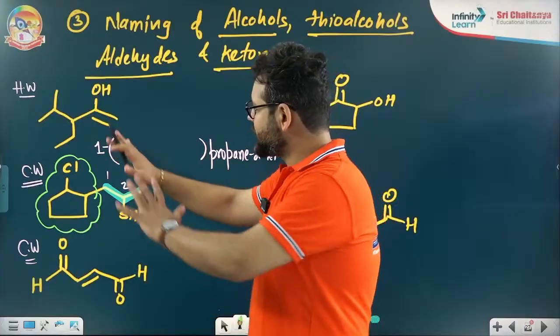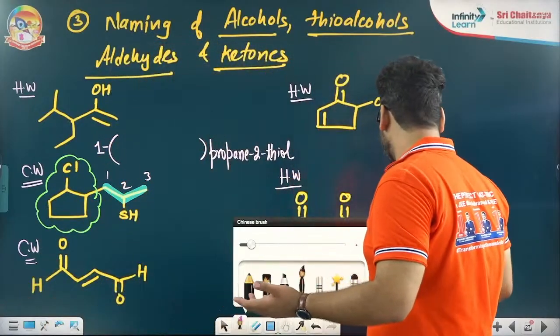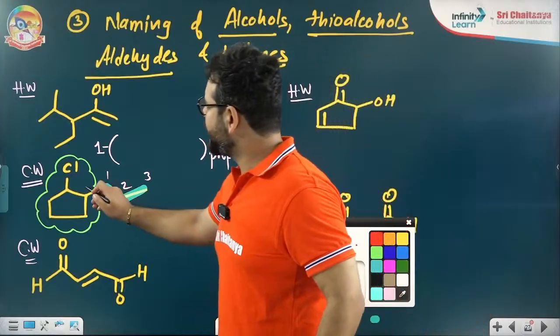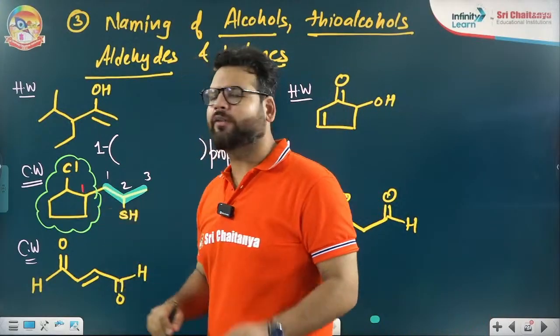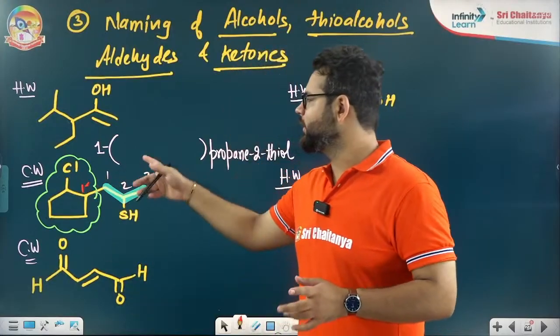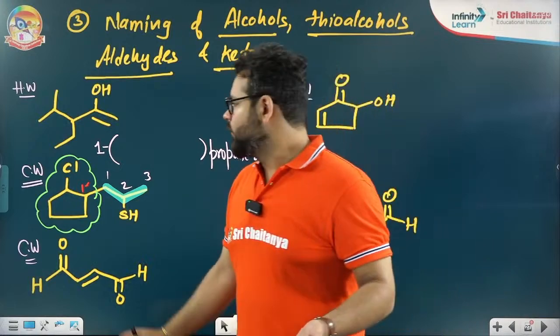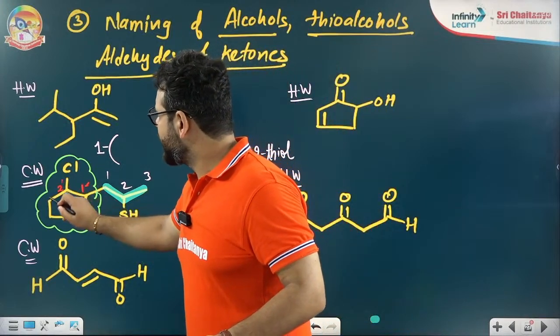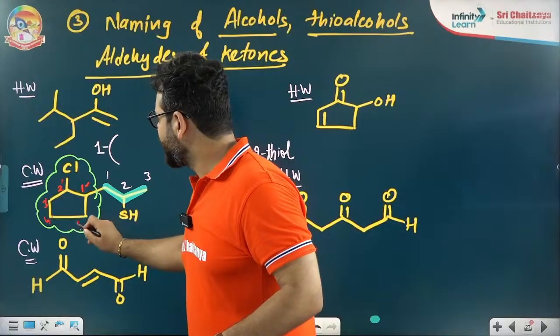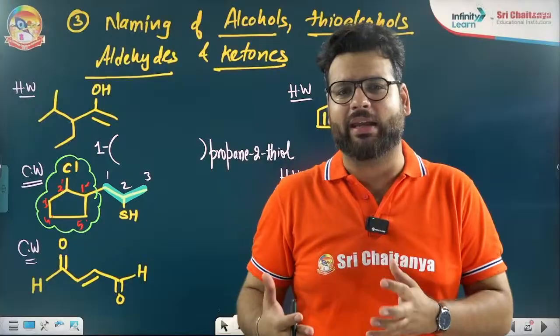On number 1, this dangerous thing is attached. How to name the dangerous things? Always give the directly attached carbon as number 1. This is the first carbon of the side chain. You can call it 1 dash so that you don't confuse this 1, 2, 3 with that 1, 2, 3. Then use your rules. 1 locant on second number. 1, 2, 3, 4, 5. It's a cyclopentyl. It's not a cyclopentane.